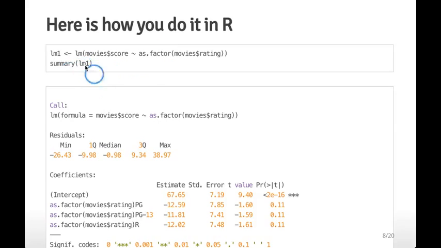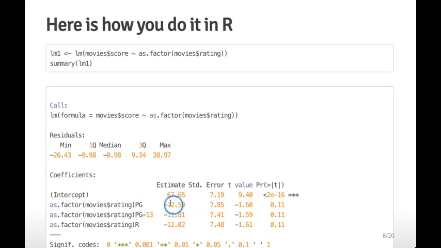Then we can look at the summary of this object, and we get an intercept estimate, and then we get estimates for each of the different movies. So it looks like the G movie average rating is 67.65, and if you have any other rating, you have a slightly lower value.